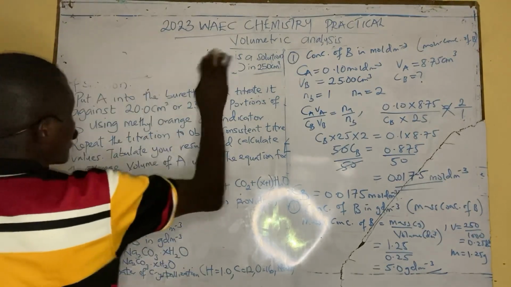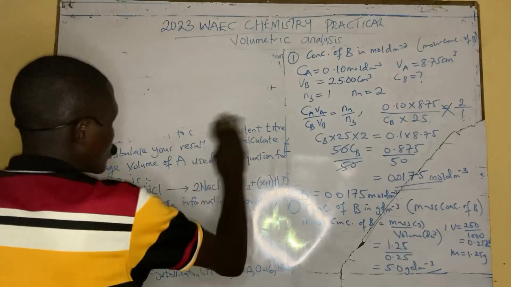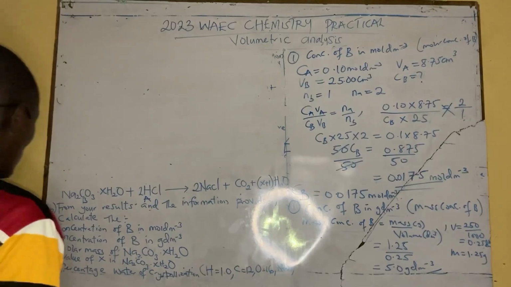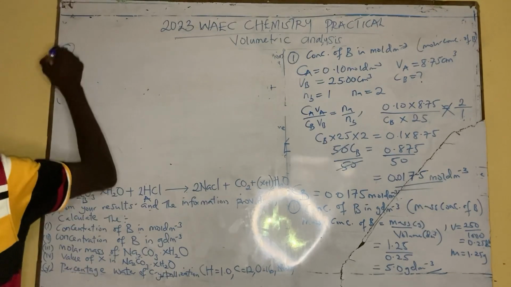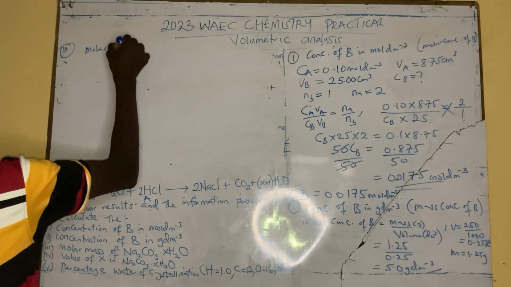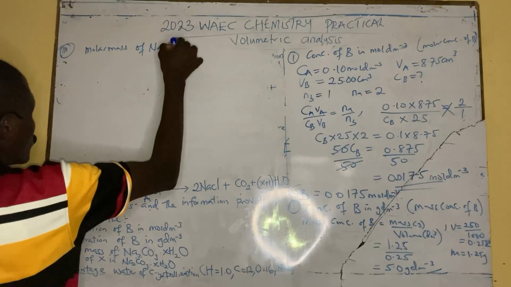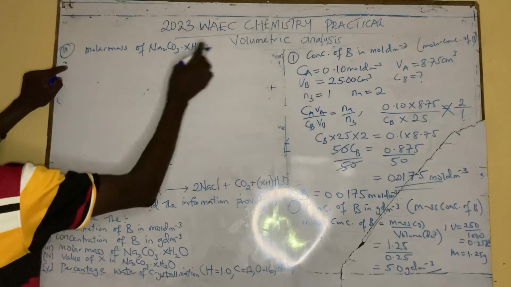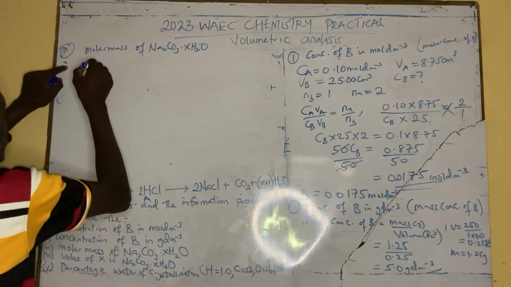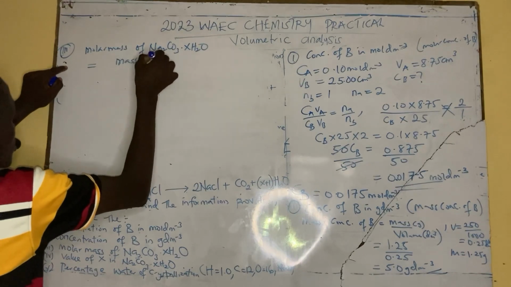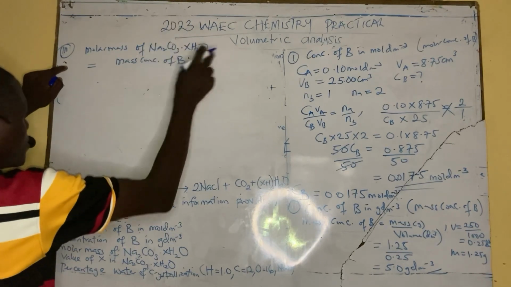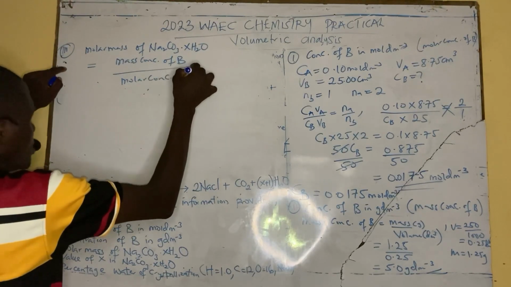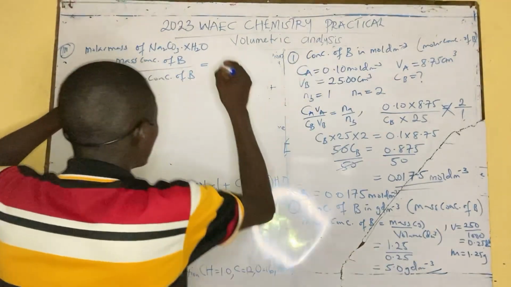Let me clean this side. Okay. So the molar mass of Na2CO3.xH2O will be equal to the mass concentration of B, because this is B, all over the molar concentration of B. So what's your mass concentration? 5.0.